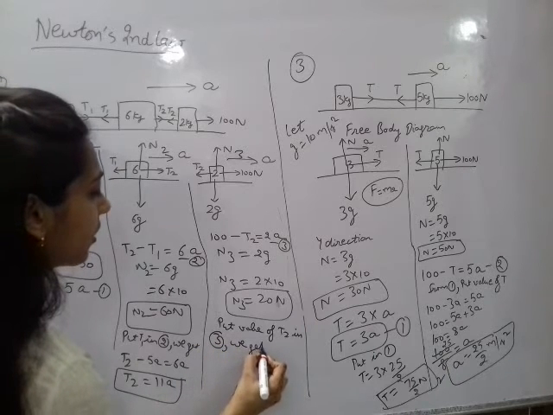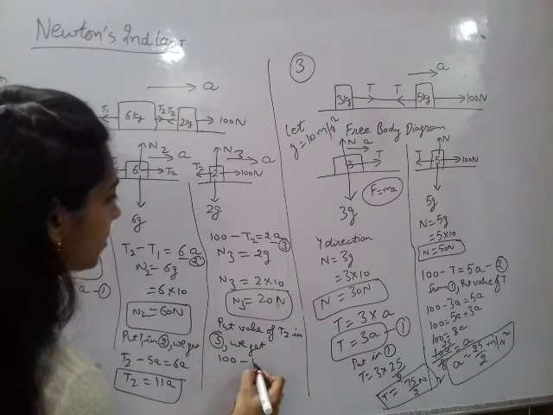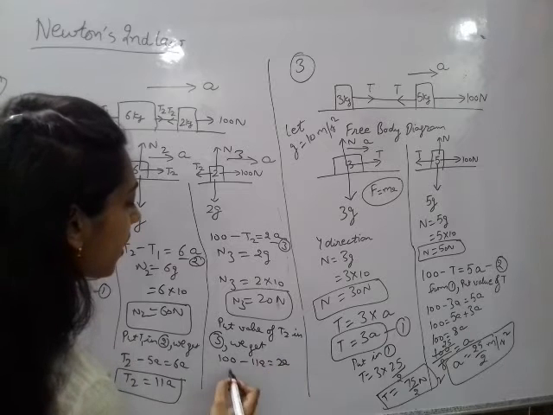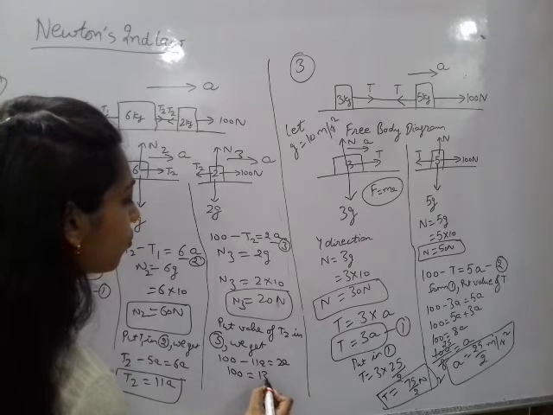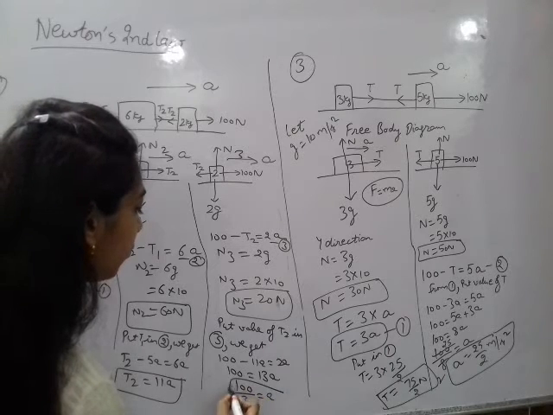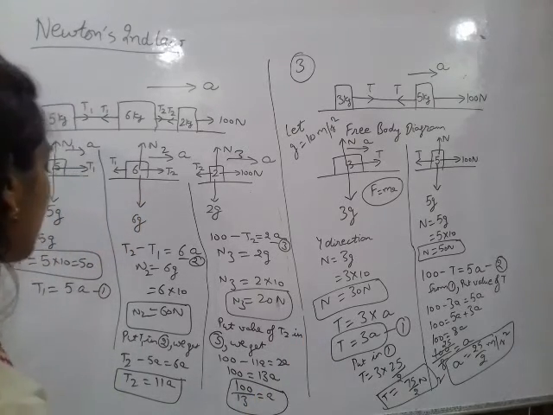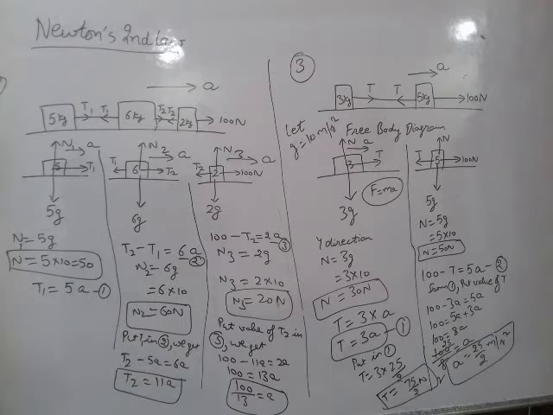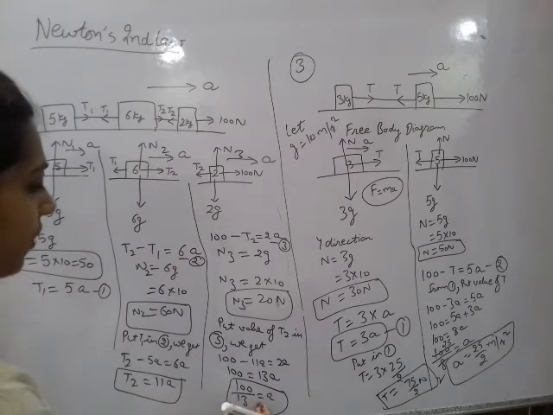We get again 100 minus 11a is equal to 2a. 100 is equal to 13a, or 100 upon 13 is equal to a. Okay, this is the value of acceleration.